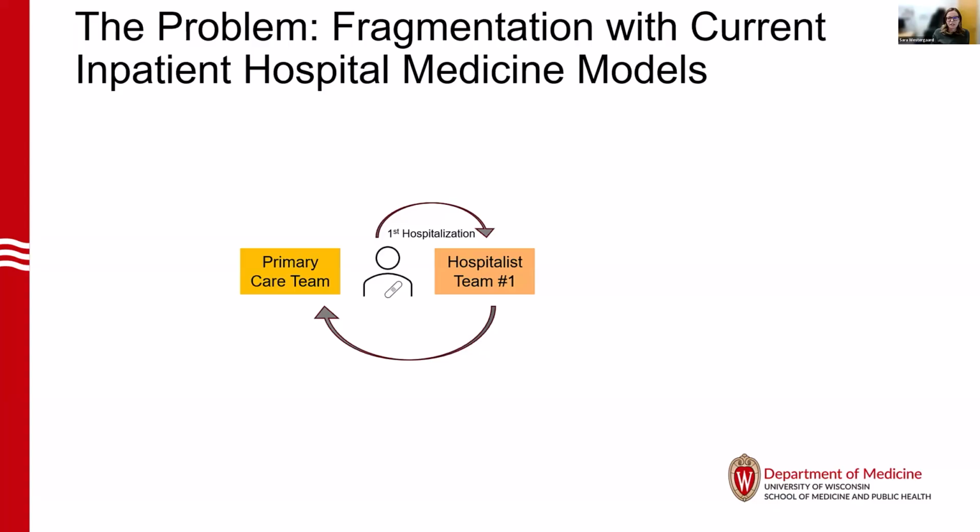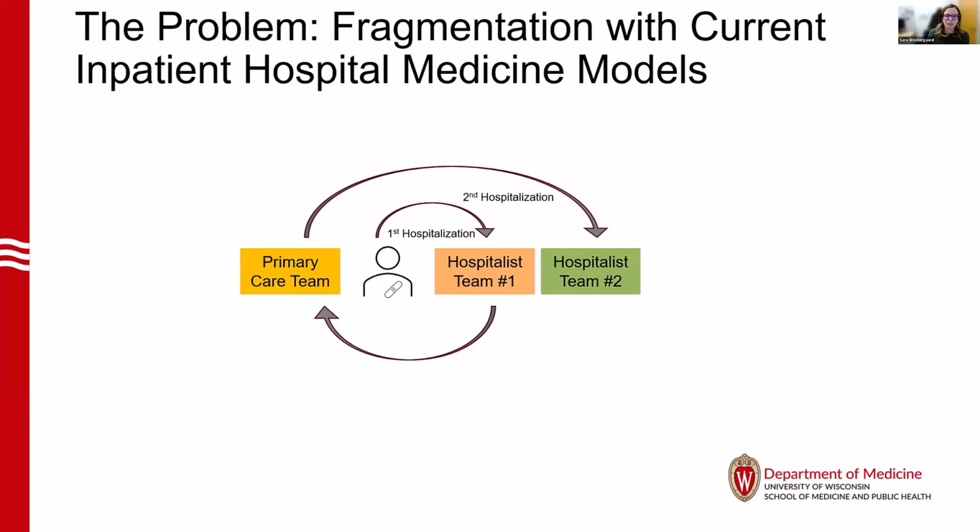When they're discharged, they're going to be sent back to the care of their primary care team. For the vast majority of patients who only have this one isolated inpatient stay, this model works perfectly fine. The problem happens when patients have recurrent hospitalizations. The next time they come in, they may get assigned to a totally different team, a totally different set of clinicians taking care of them.